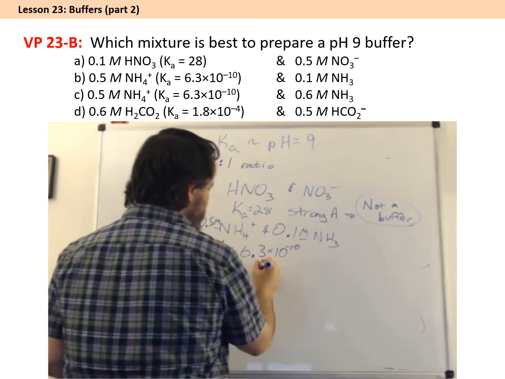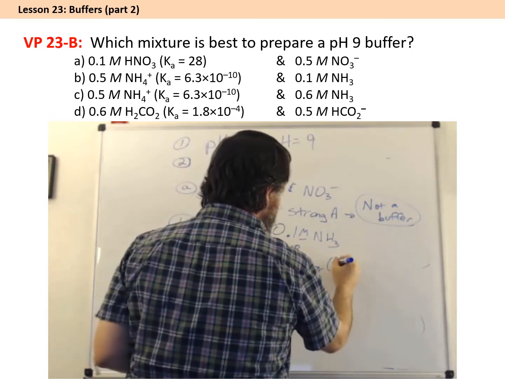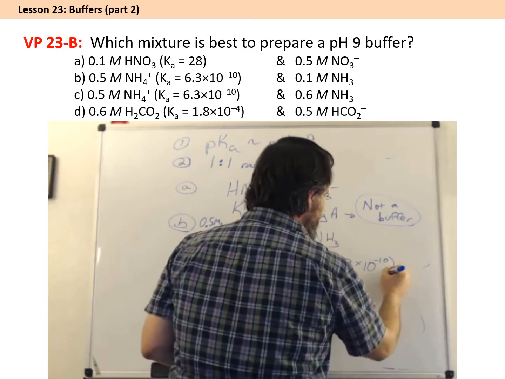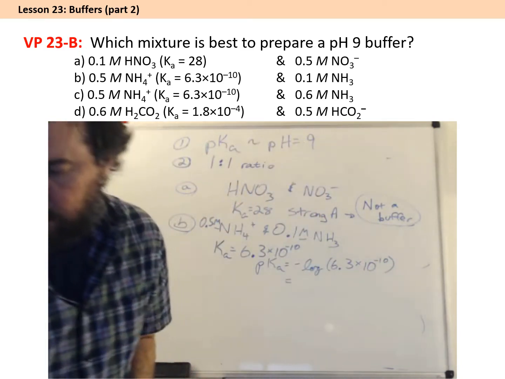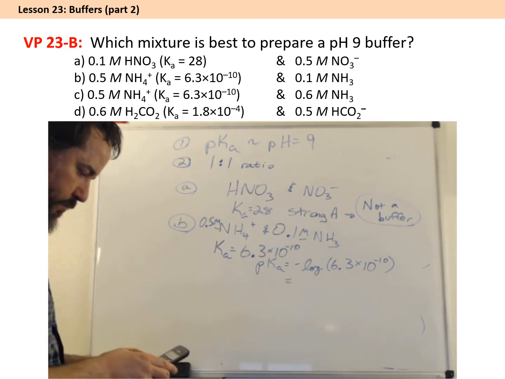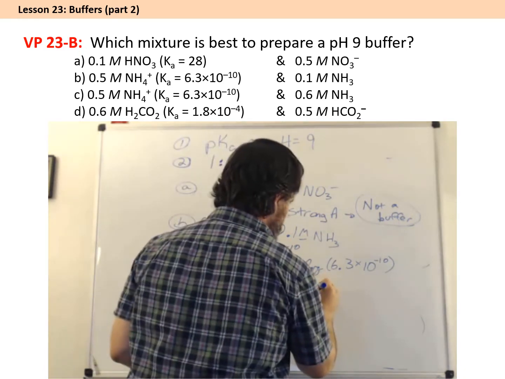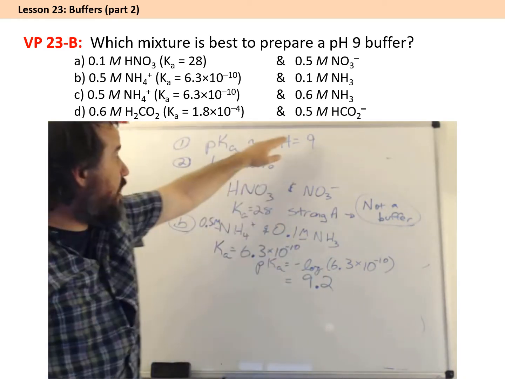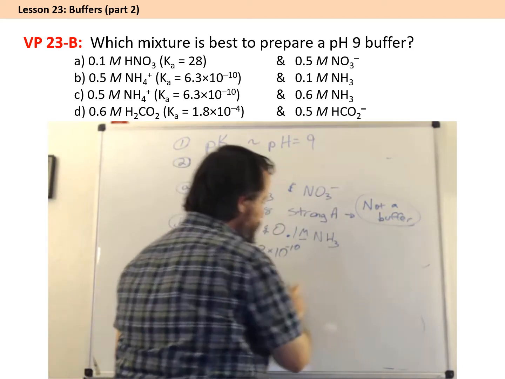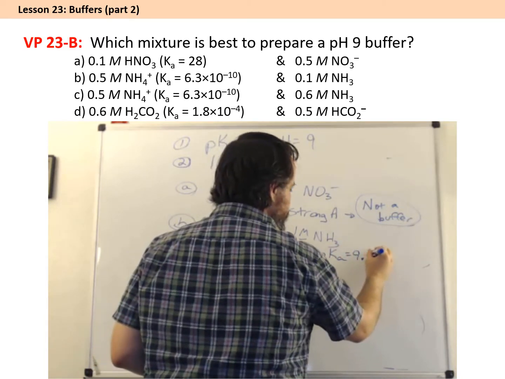If I want to figure out the pKa of this, it'll be negative log of this, 6.3 times 10 to the negative 10. That's going to get me 9.2. Okay. That's fairly close to the pH I want. So maybe this is a good contender. So we'll just put that down there. And we'll come back to this one.